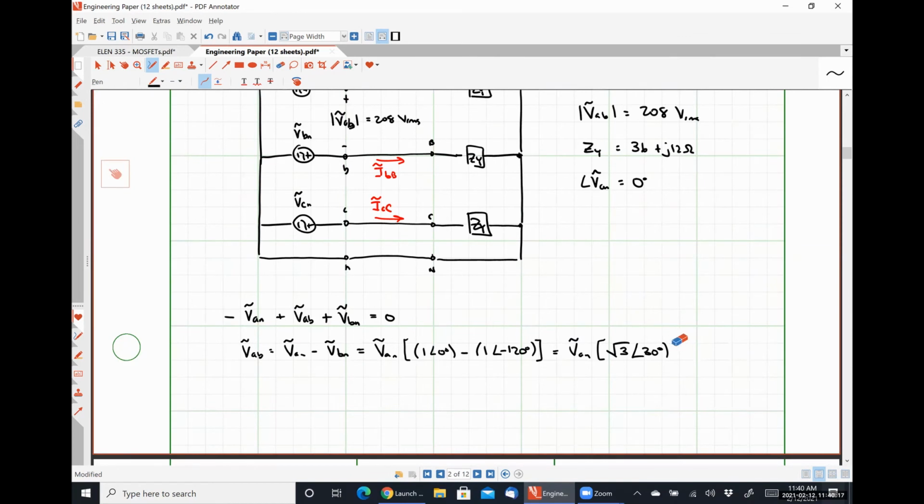Now it has been 6 months since I've done this. So I'm just going to make sure real quick that it is supposed to be positive 30 degrees.